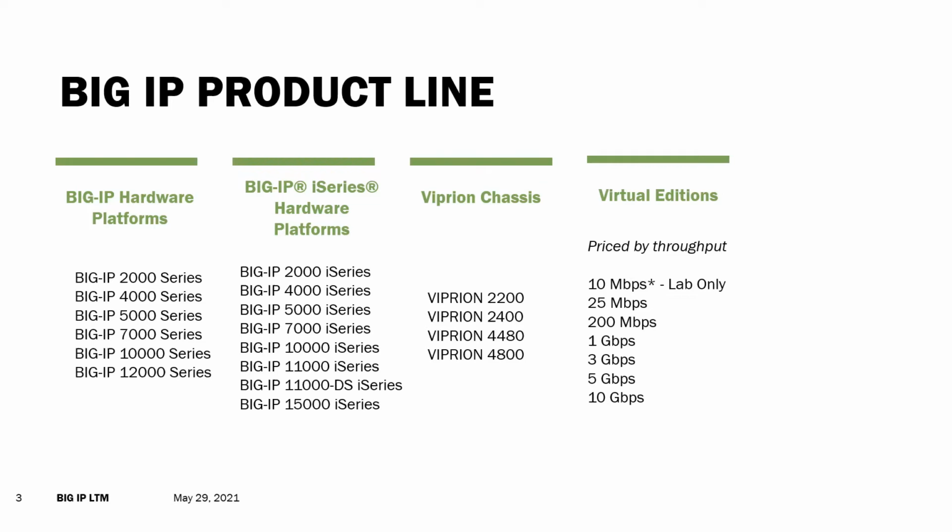Although you have an SSL hardware module in all the hardwares, it offers you the higher side. It's around 45,000 sessions per second that it can offer you up to that speed.